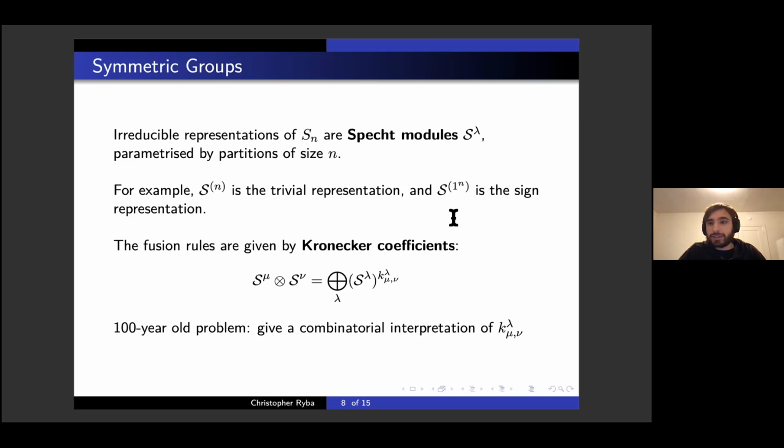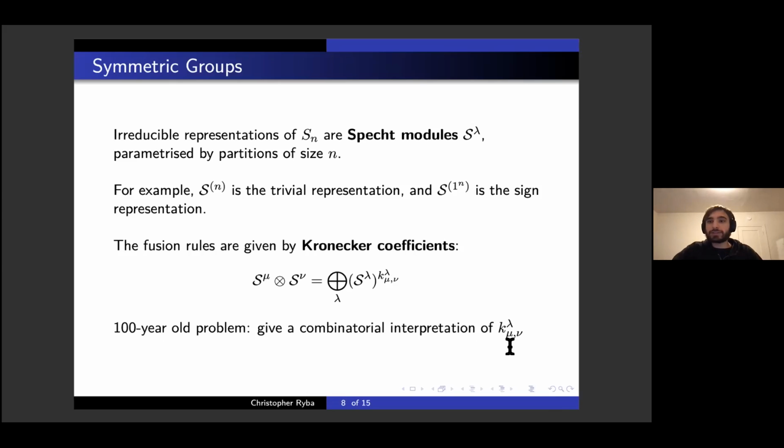And again, one can consider tensor products to get the fusion rules. And so these are given by so-called Kronecker coefficients. So these fusion rules, which I denote g_{μ,ν,λ}, are much more poorly understood than the Littlewood-Richardson coefficients. In fact, it's a very famous problem to give a combinatorial interpretation of these.